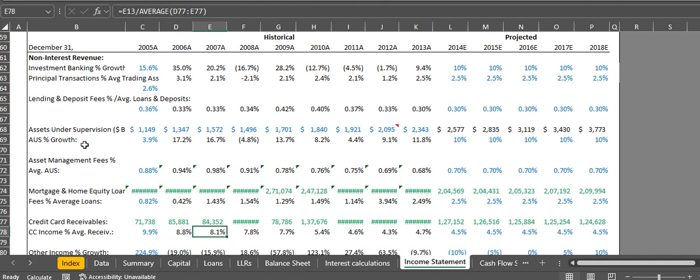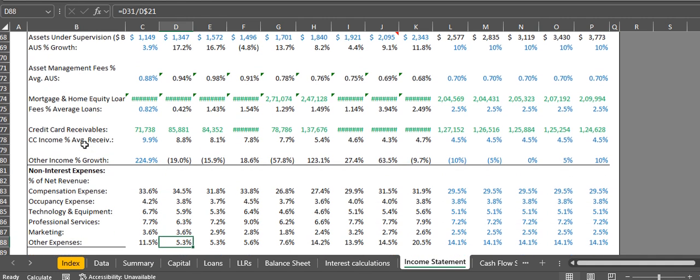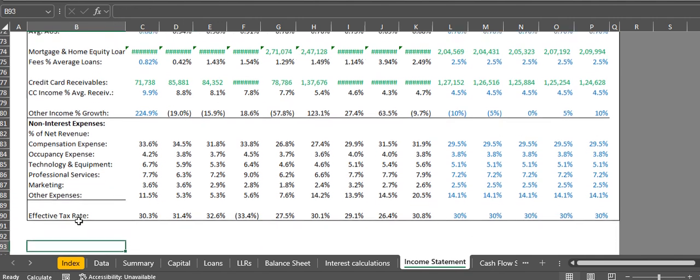Then we have the asset management fees. So the average fee is 0.8% to 0.6%, and then 0.7% as a constant. Then we have the mortgage and home equity loans, credit card receivables, and other incomes. Then we have the non-interest expenses for the period, like the compensation expense, occupancy expenses, technology and equipment, professional services, marketing and other expenses.